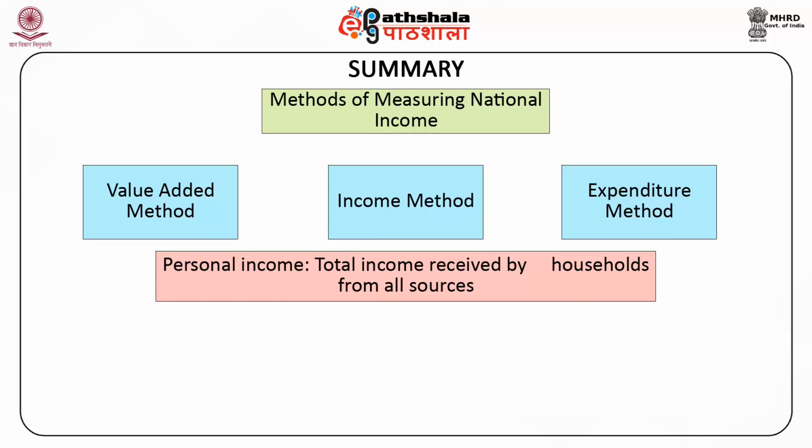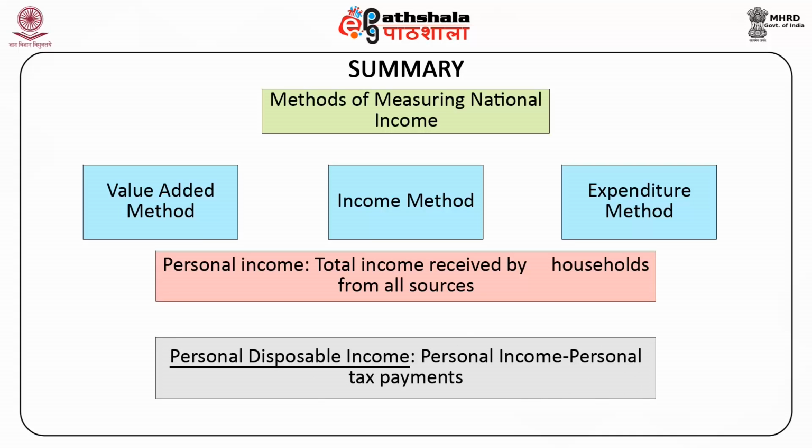We learned that personal income is the measure of total income received by the households from all the sources. If personal tax payments are deducted from personal income, we get personal disposable income, which is the income available to spend for the private sector.